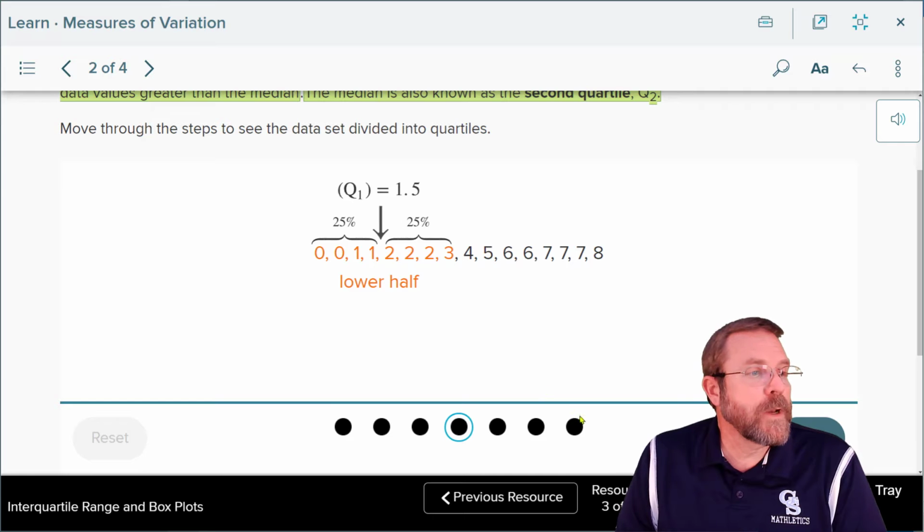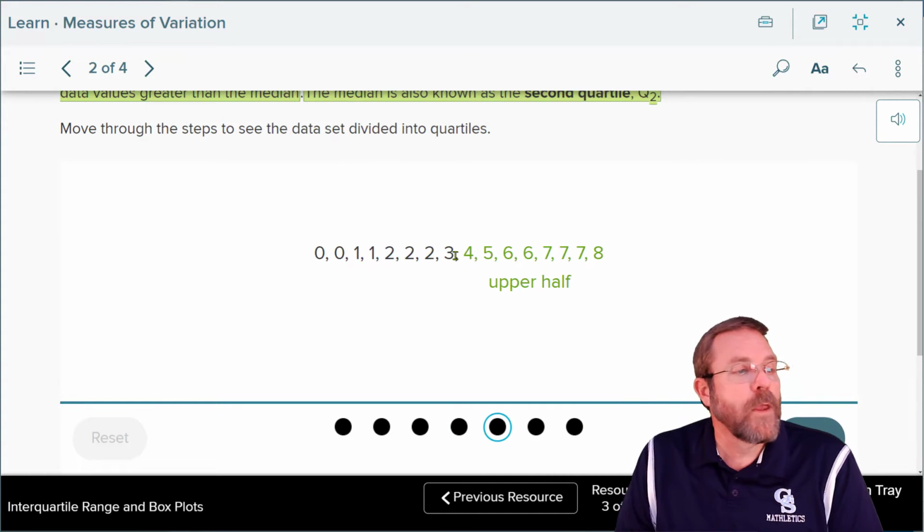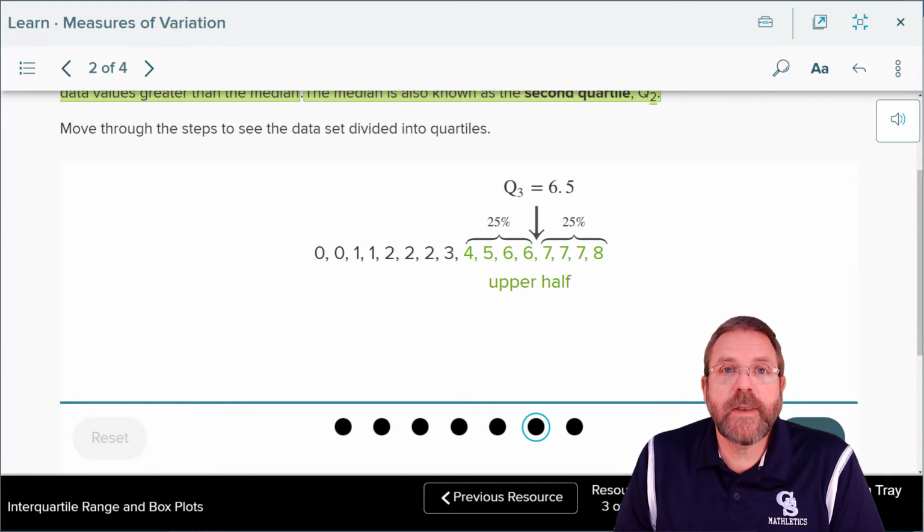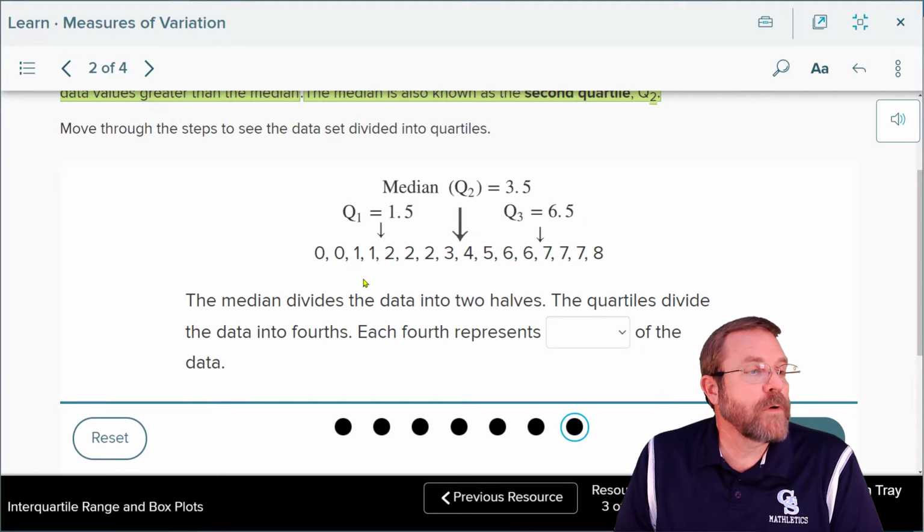Finally, we're going to take the other half of the data values, which is going to go from the 4 to the 8. We're going to look for what's in the middle of those, which is still an even set of data values. That means that Q3 is going to be the average of the 6 and the 7, also known as 6.5. So we have all of our data values.